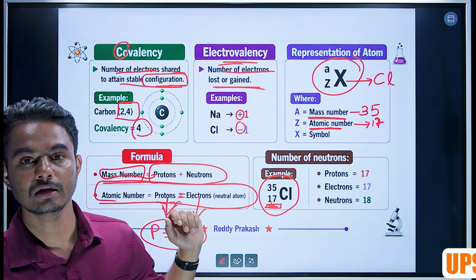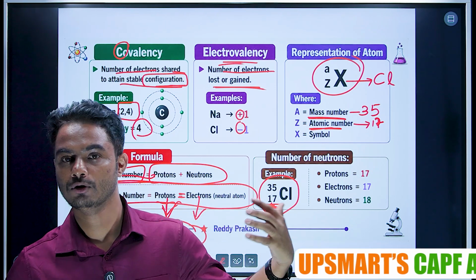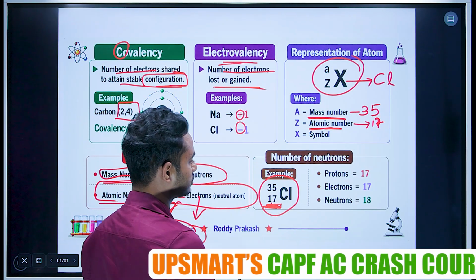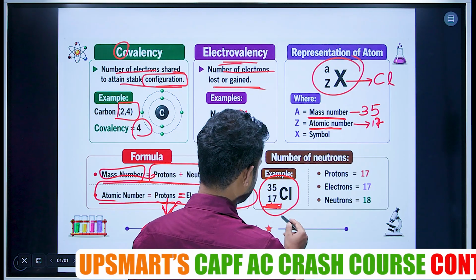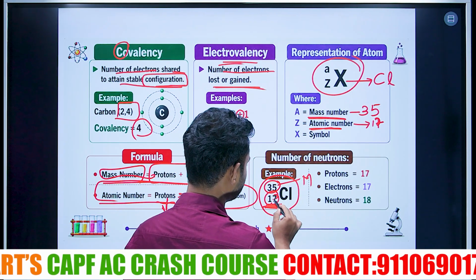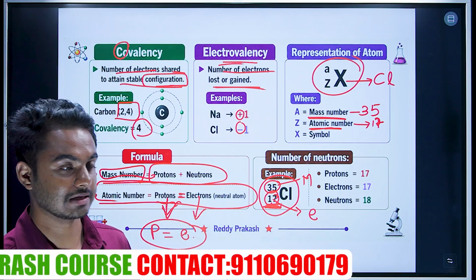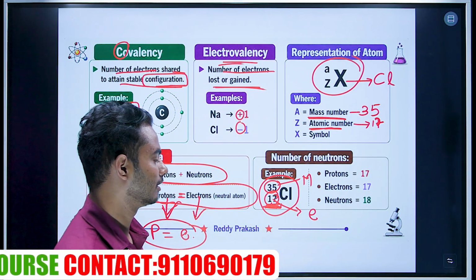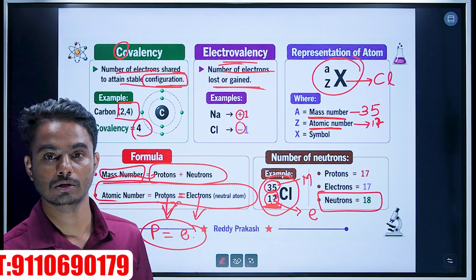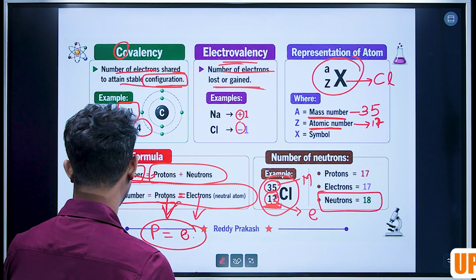We studied this earlier. The number of electrons determines the atomic number, and it is equal to the protons. Now, if you apply this concept here, what we have is 35 as the mass number and 17 as the number of electrons. Now, if a problem is asked to determine the number of neutrons, how will you solve it? See, I'll tell you. I'll take a whiteboard now.